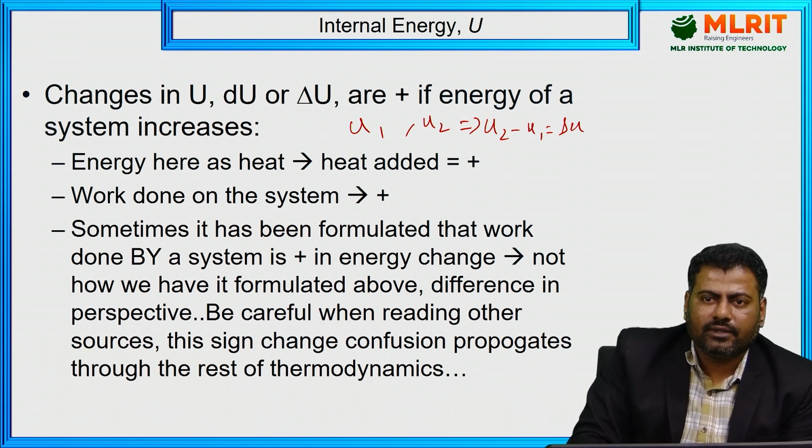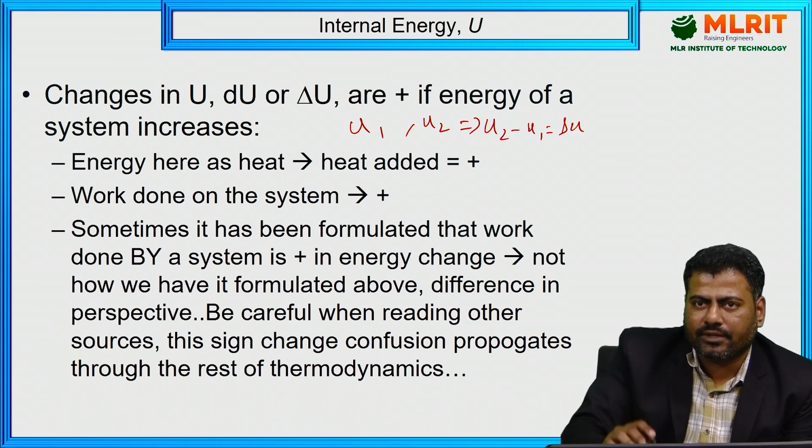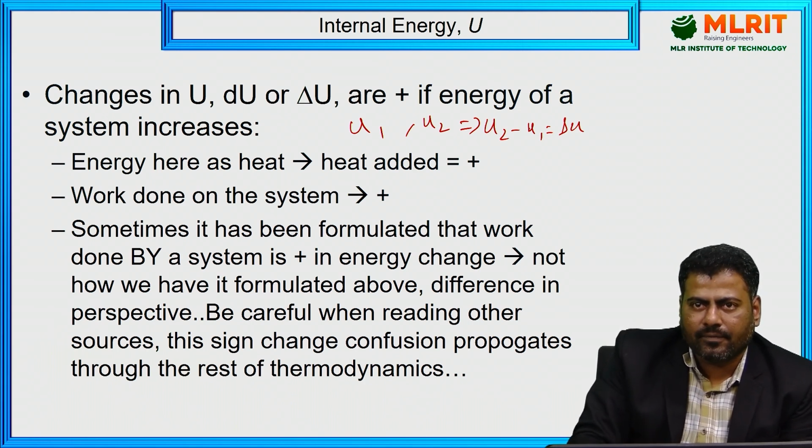If the internal energy increases, then I get del U positive, which is the desirable one, right? If the internal energy decreases in the final state, U2 minus U1 will be negative, which means we are transferring energy from the system to the surroundings again. Got it? So it becomes negative.